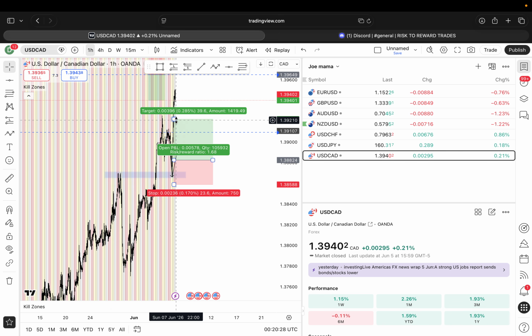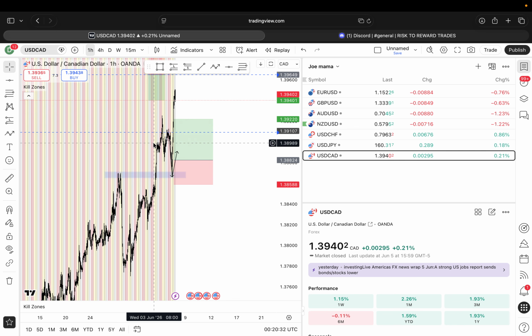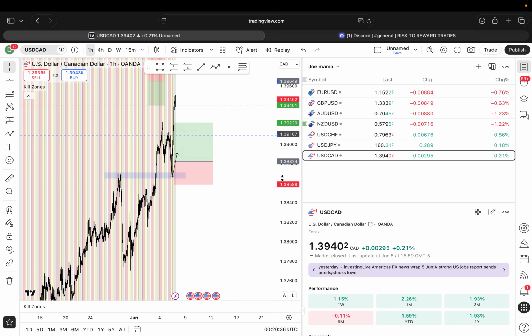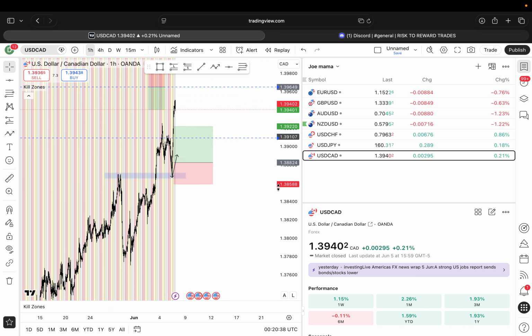But here's the thing, I got out at a risk to reward of 1 to 1.5 because it was Friday and, you know, I didn't want to be in this trade. And also I was in drawdown, so I was like, okay, I need to make some money back, which was kind of a mistake on my end, but I'm going to learn from it.